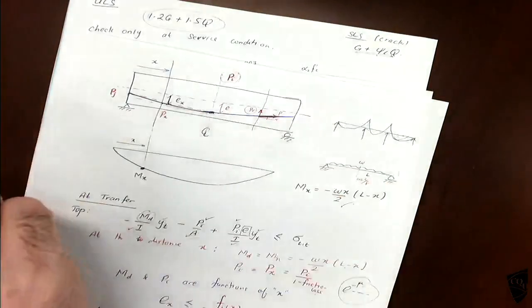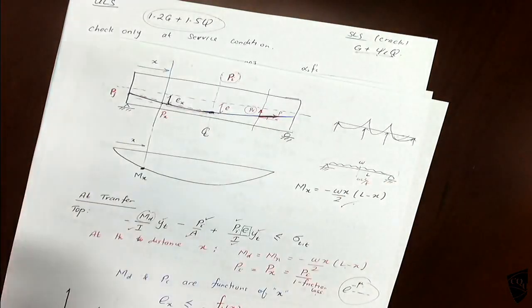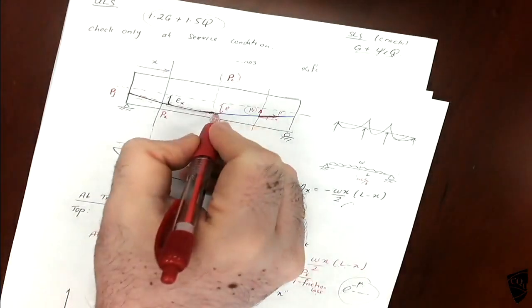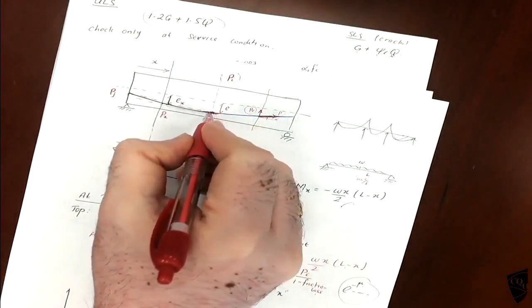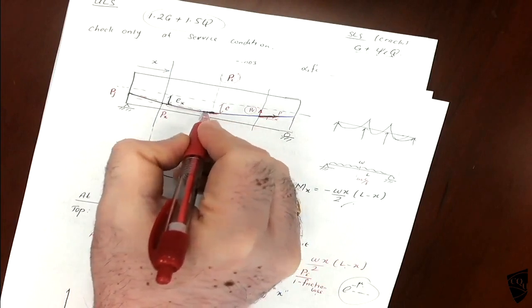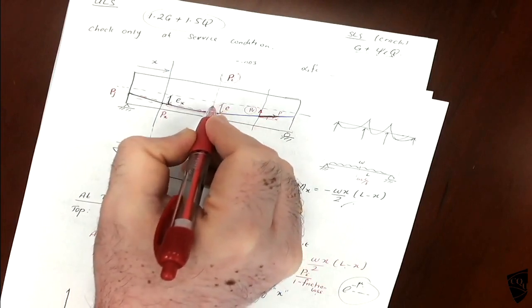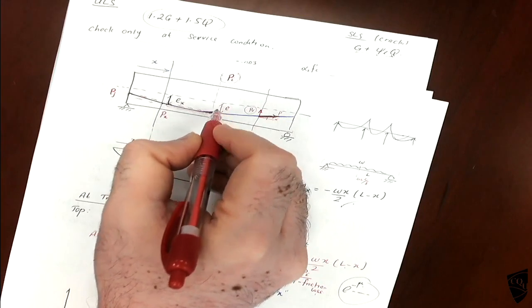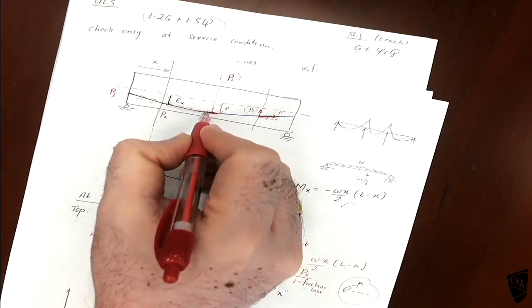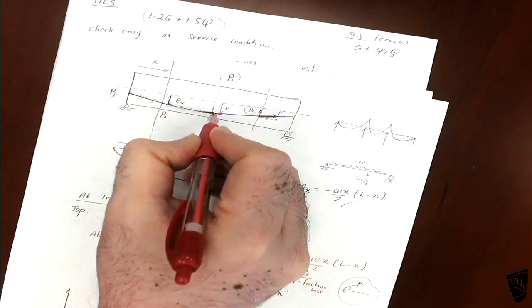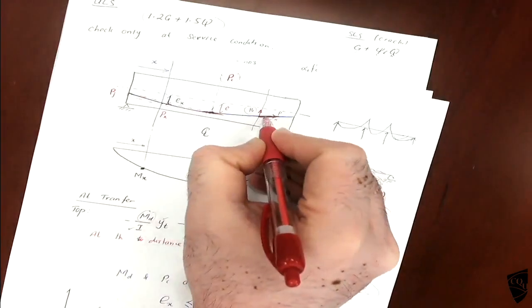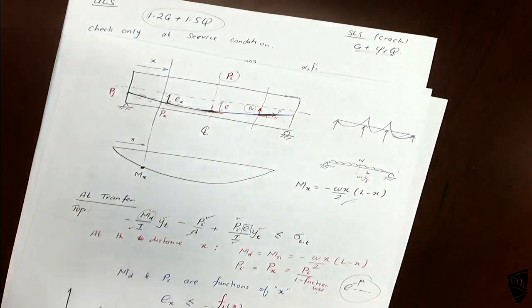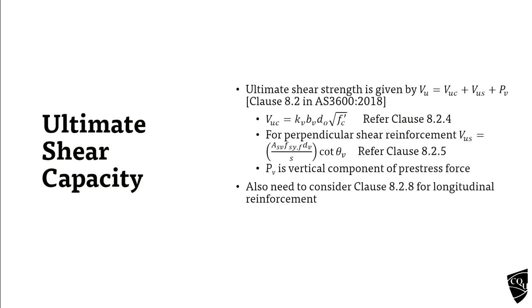It's not difficult. If you calculate the shear stress here, it is horizontal, the vertical component is 0, Pv is 0, because pre-stress is in the horizontal direction.